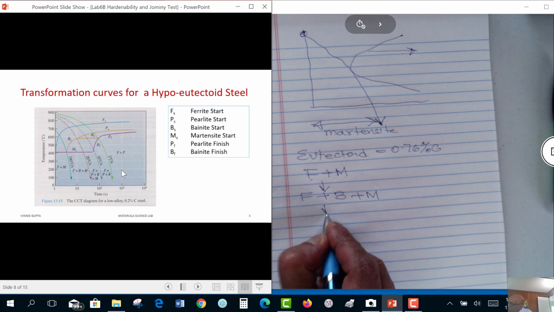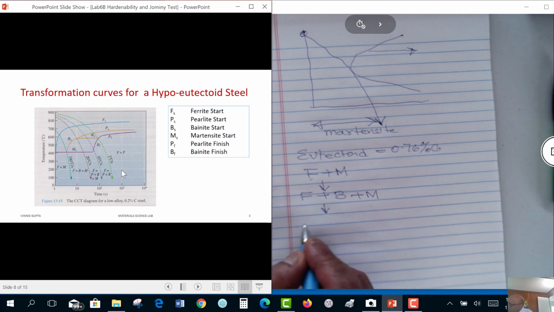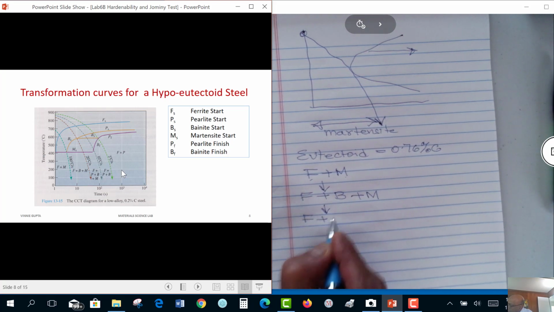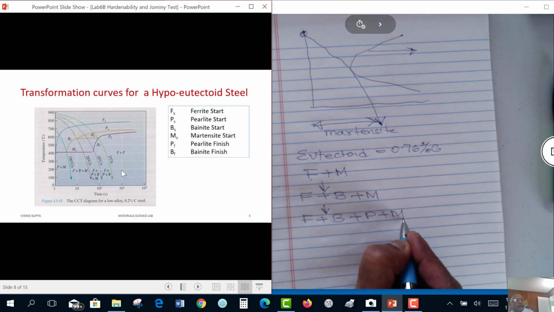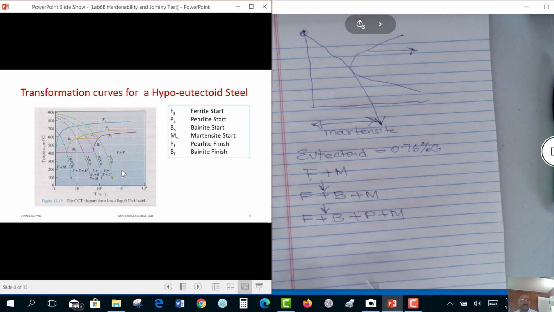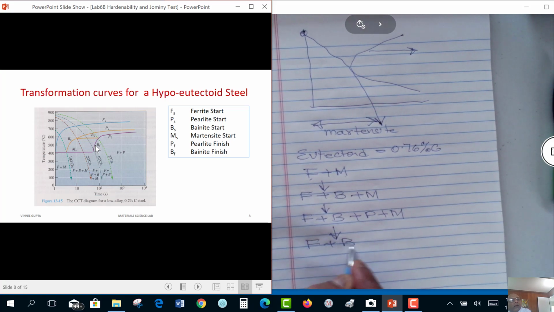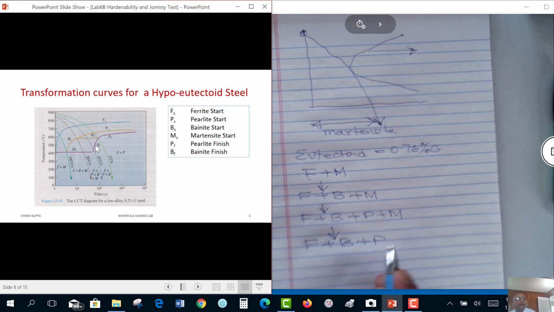If we cool at a slower rate, ferrite plus bainite plus pearlite plus martensite. And then, of course, notice there is this critical cooling rate where we just hit the bainite finish curve. When we hit the bainite finish curve, we will just form bainite and pearlite.